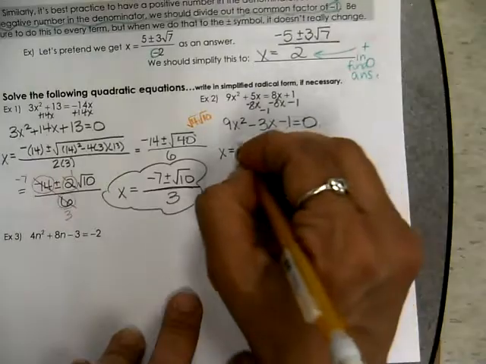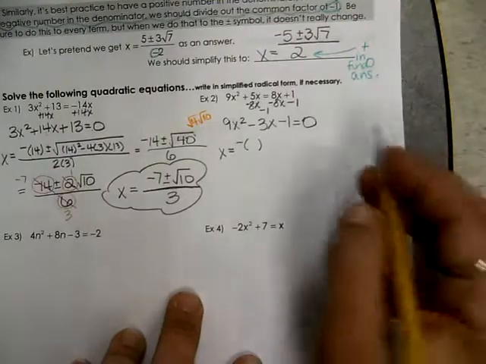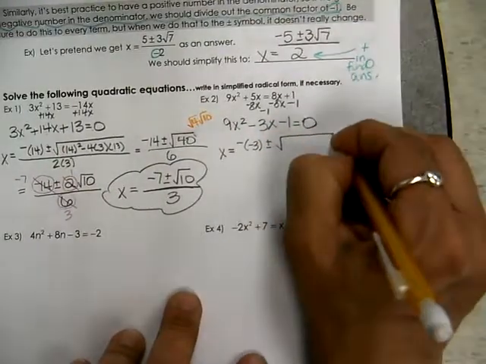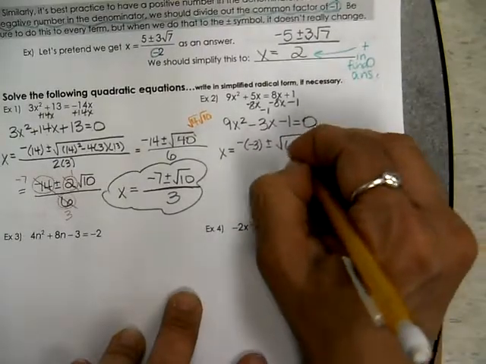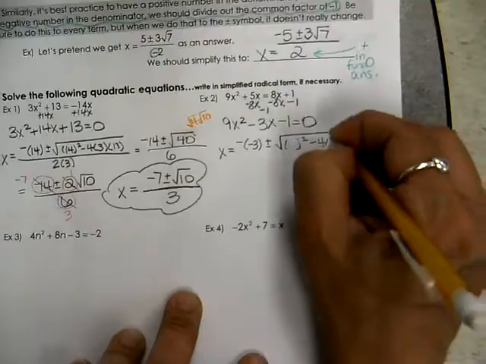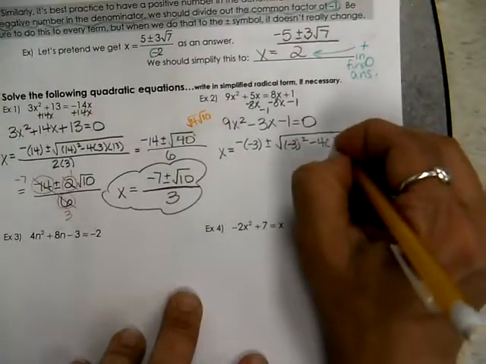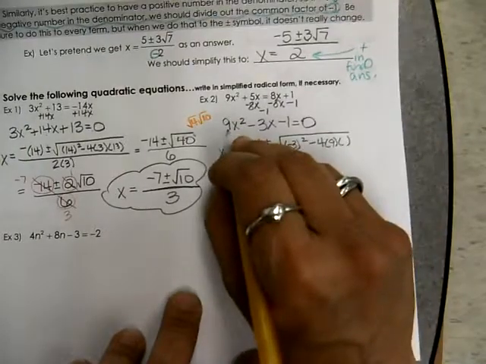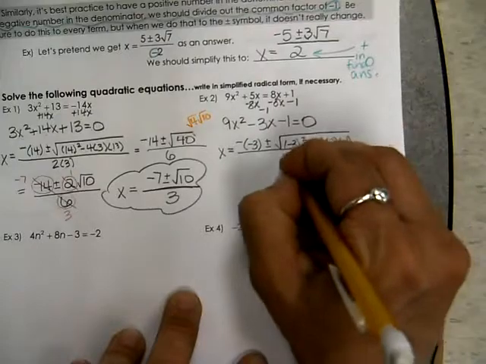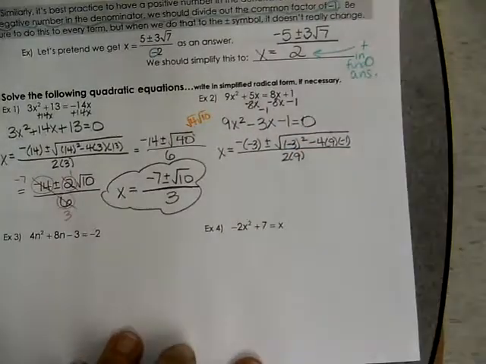X equals negative b, well, my b is negative 3, so negative negative 3, plus or minus the square root of b squared minus 4ac, so negative 3 squared minus 4 times 9 times negative 1, all divided by 2a, and a is 9.